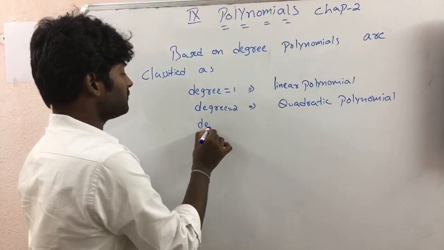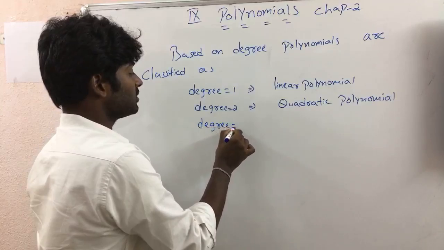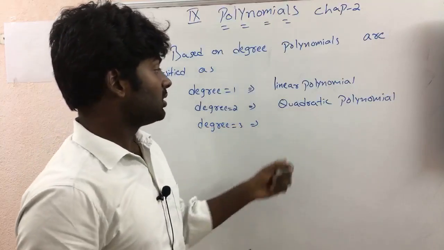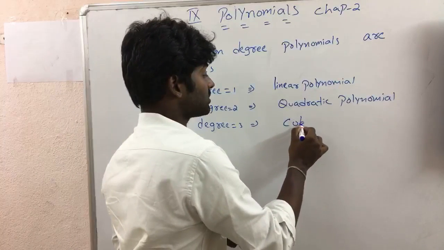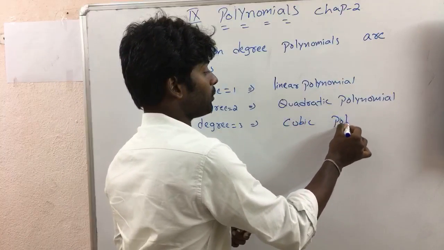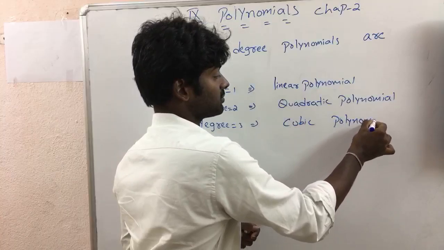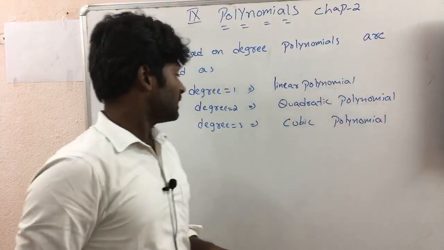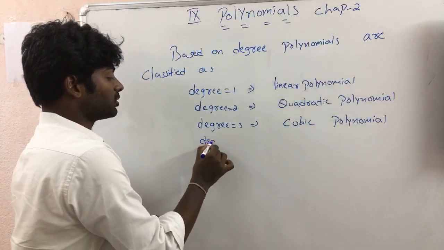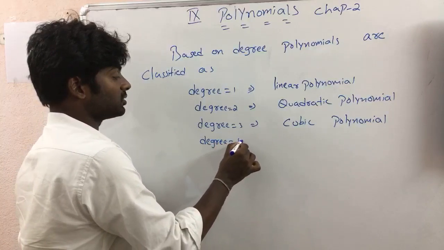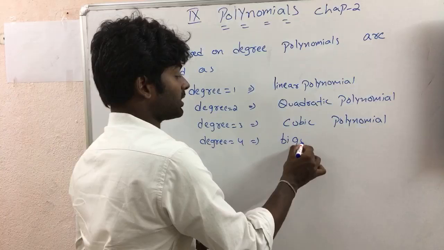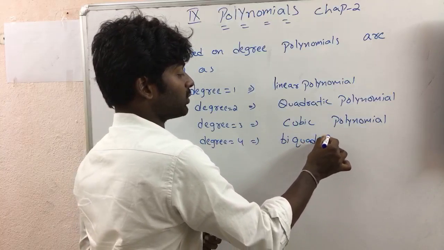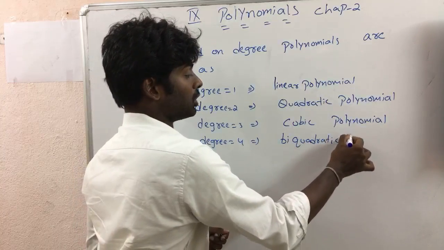Now, if degree equals 3, it is a cubic polynomial. And if degree equals 4, it is a biquadratic polynomial.